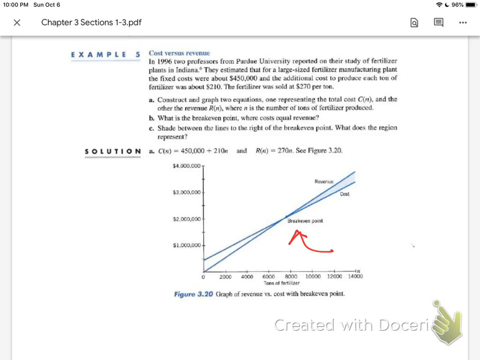So at the break-even point, you have the right amount of fertilizer and you are having the right prices. So read through this example, make sure it makes sense to you, and make sure that you understand the break-even point for economics is where costs exactly equal your revenue. That's where you're neither losing money nor making money, you are breaking even.